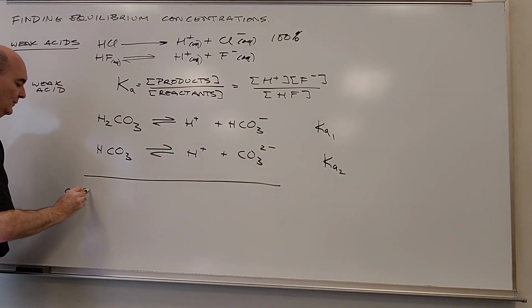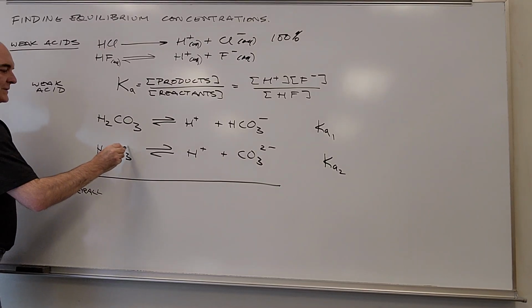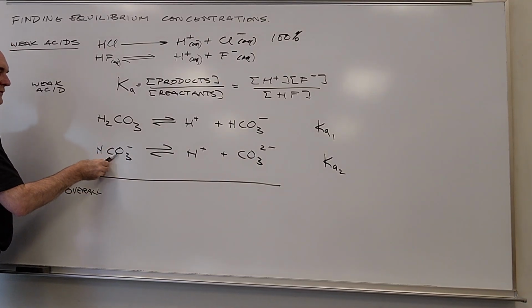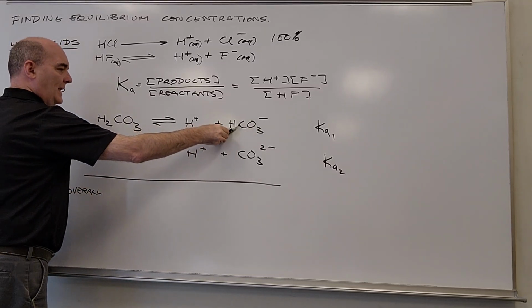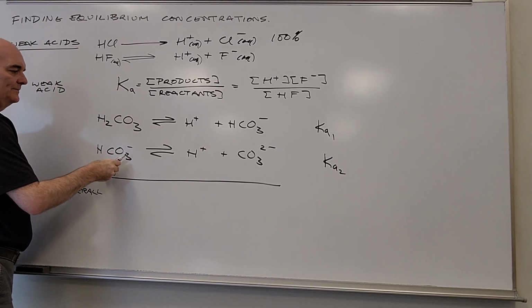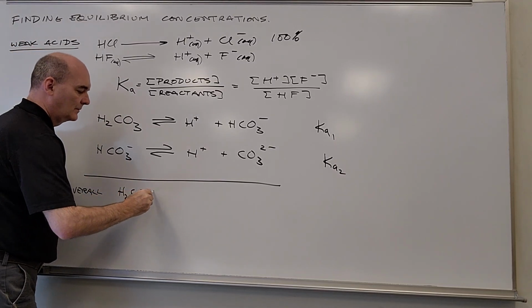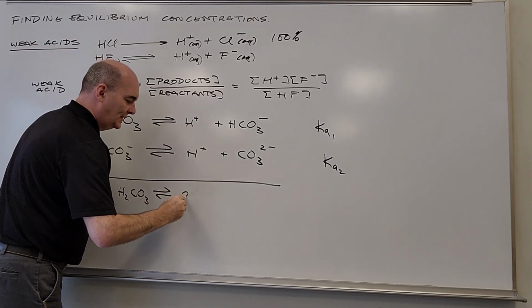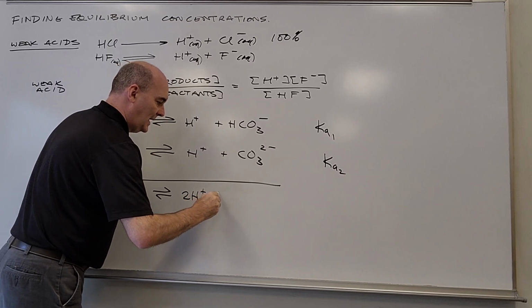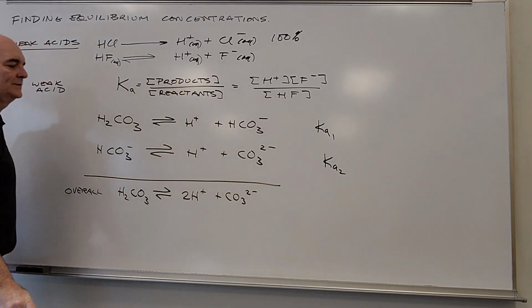If you look at the overall reaction, oh, there's a negative there. Hydrogen carbonate appears on the left and the right hand side. So they cancel. And these protons appear twice. So they add, and the carbonate only appears once.